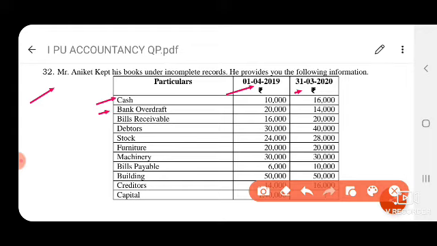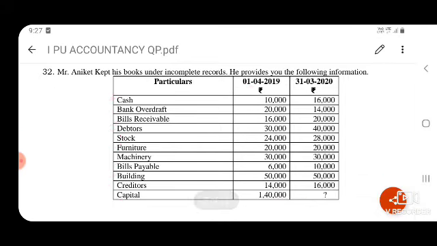Cash asset, bank overdraft liability, bills receivable asset, debtors asset, stock asset, furniture asset, machinery asset, bills payable liability, building asset, creditors liability, capital. Opening capital already has been given. Now you need to find out closing capital.